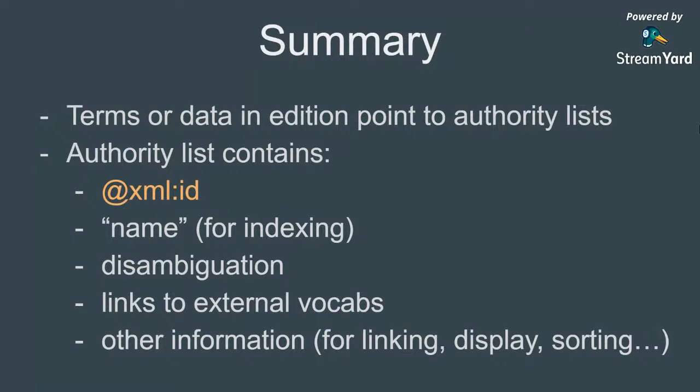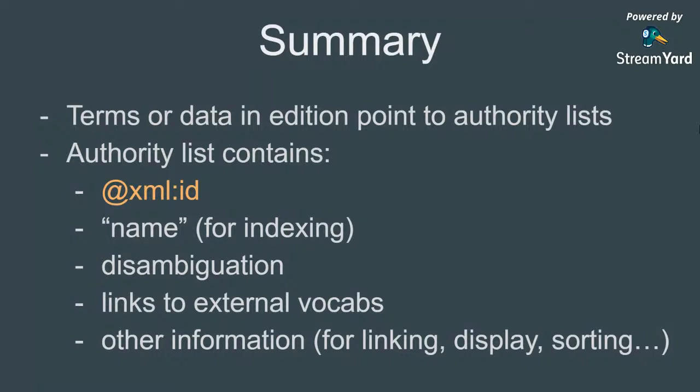And in our XML file, we have terms or data that point to the authority lists in the way that we saw before. And authority lists must contain at least an XML ID, which is the unambiguous way that links our data from our XML file to the authority list, and a name for indexing. This is the very least that an authority list has to contain.